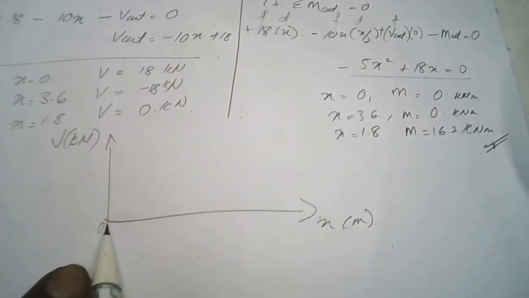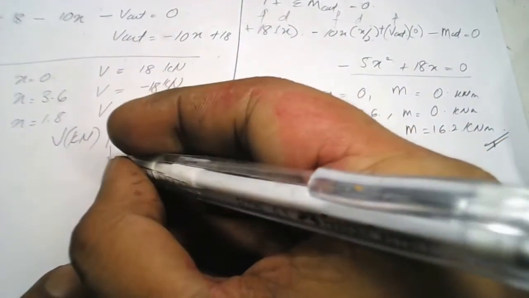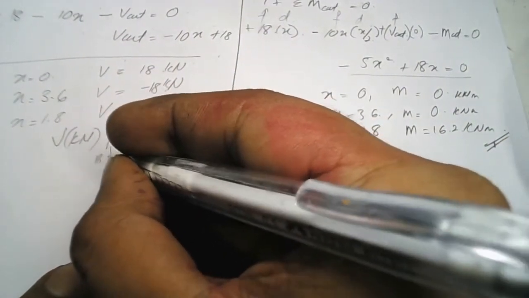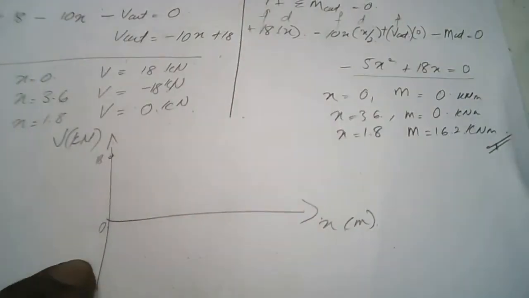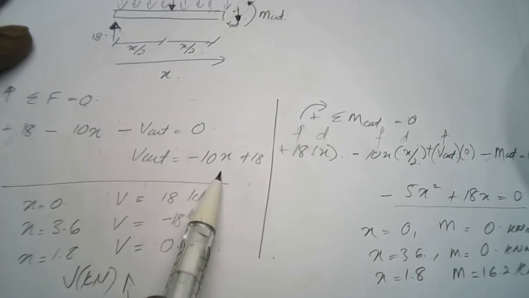If the x value is 0, the V will become 18. We just put one dot here. Back to our equation, V cut equal to negative 10x plus 18.